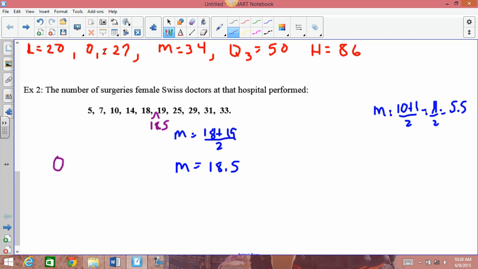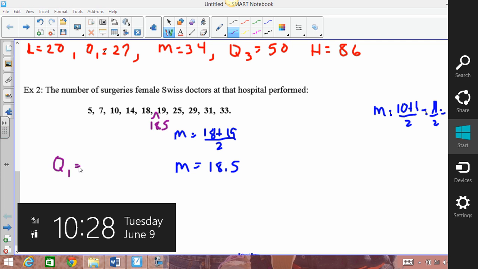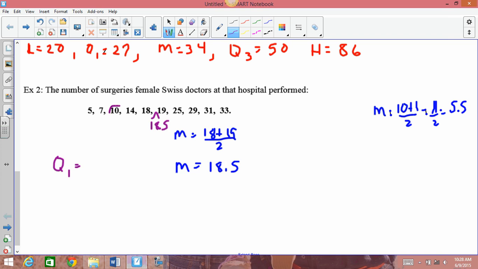I'm going to go through the Q1 and Q3 a little quicker here. Q1, since I've got those 5 numbers, I can easily see that 10 is the median there, and on the other side, Q3 would be 29.